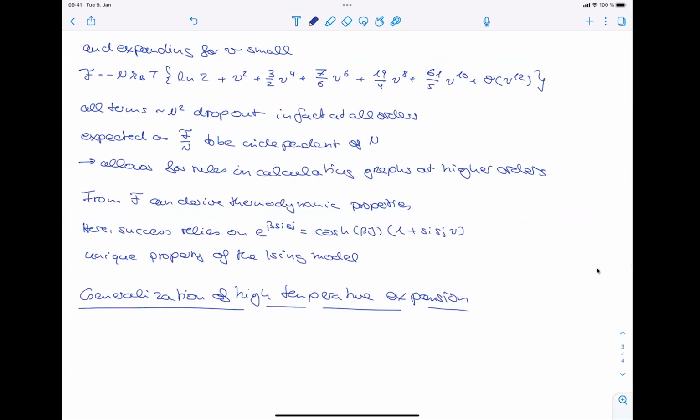So let me write down just a general form of a partition function, which is summing over all the states, e to the minus beta of a Hamiltonian. And what I can do is also write down an expansion in terms of evaluating the traces of the powers of the Hamiltonian. So I'm expanding the exponential function actually.